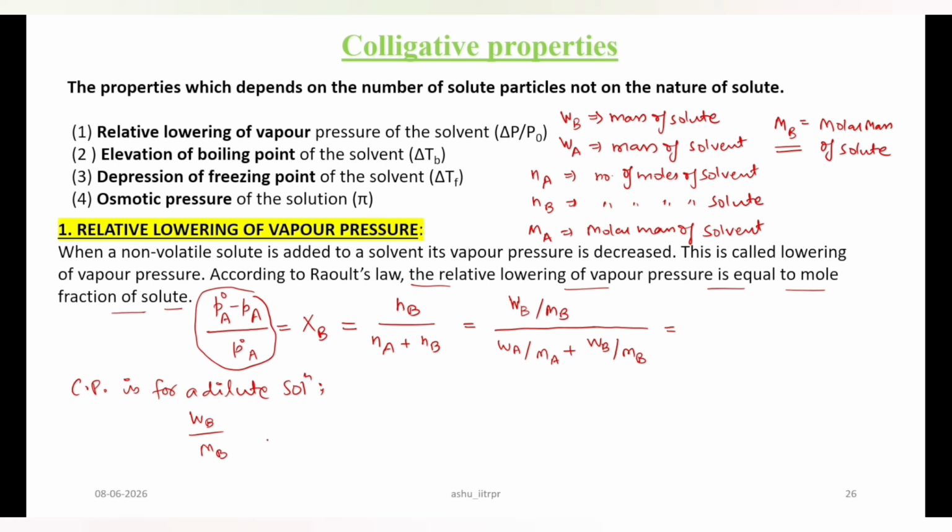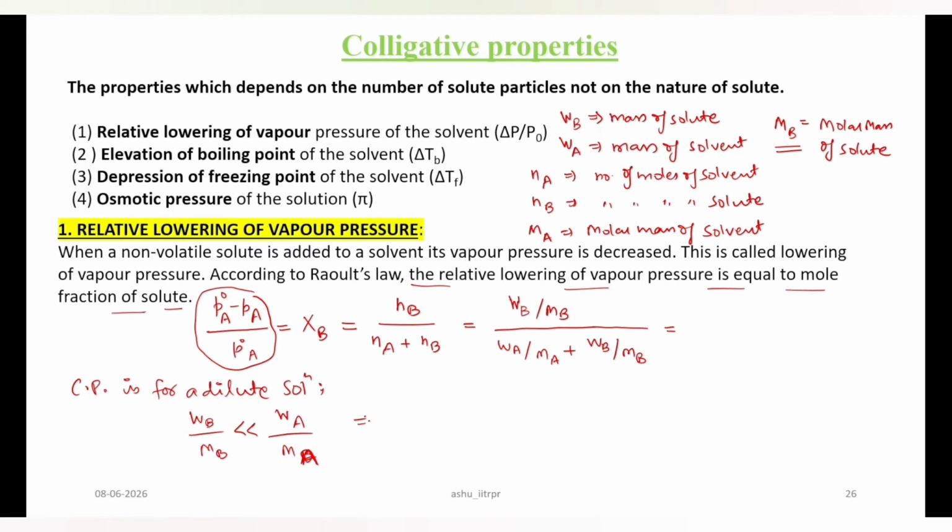Why? Because Wb is the weight of solute. In comparison to Wa by Ma, the number of moles of A, Wb by Mb is very small. Hence we will neglect this value in the denominator.